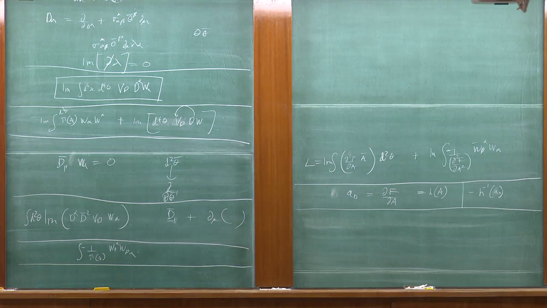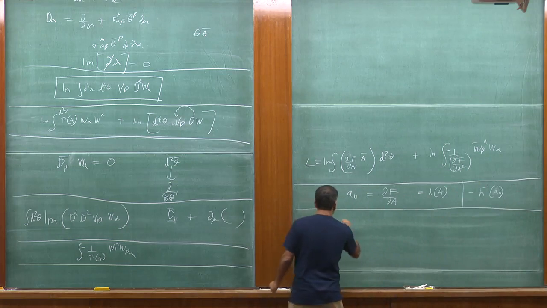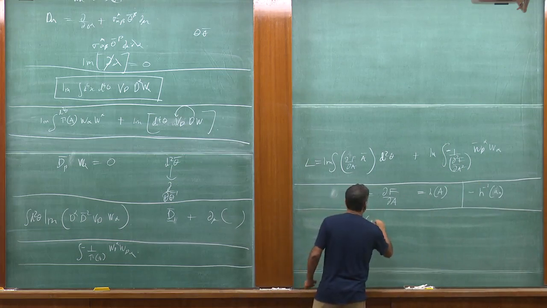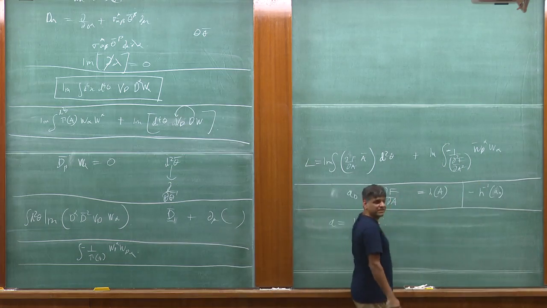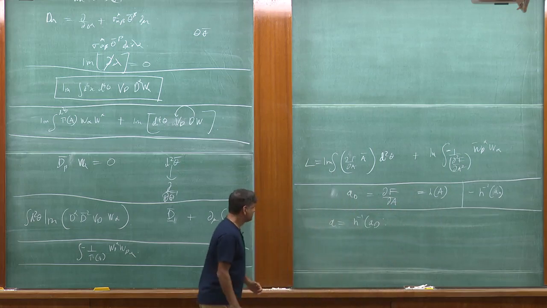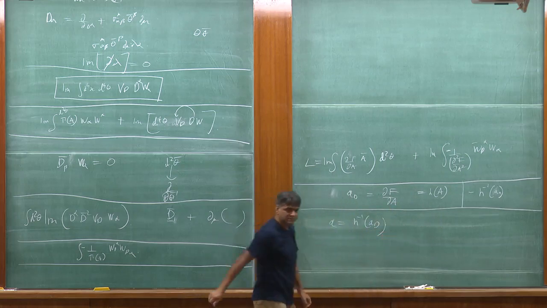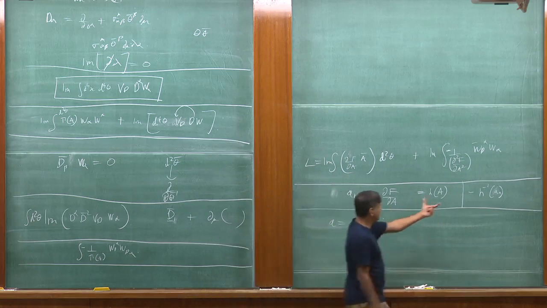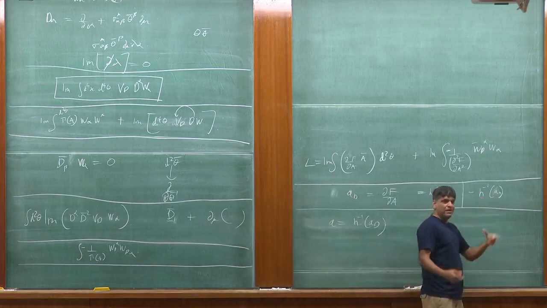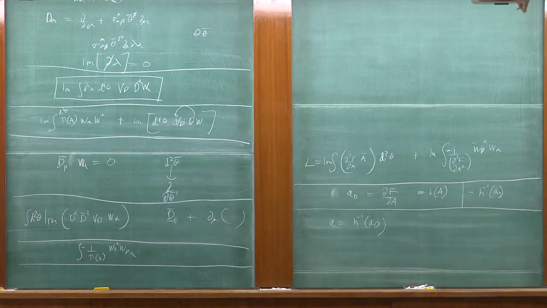Obviously, A is equal to h inverse of AD. I've just inverted this function. So this function minus h inverse produces minus A acting on AD.